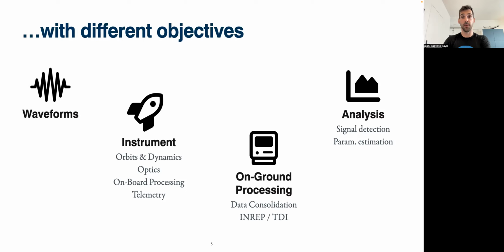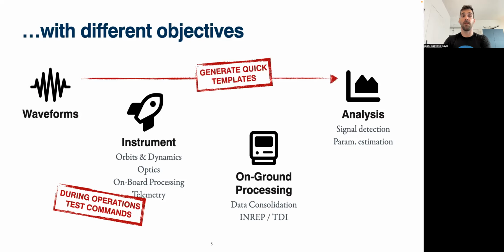And of course, if you do simulations, you have different objectives. You can, for example, want to test the response of the system during operations before sending a new command, and you do that with an end-to-end instrument simulator. You can also want to generate very quickly templates for your match filtering algorithms during the analysis for parameter estimation.